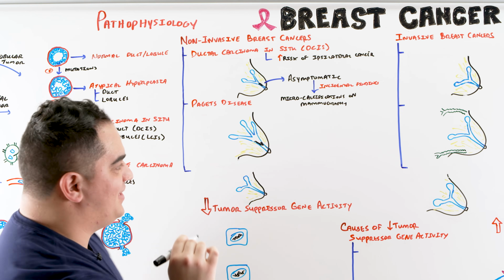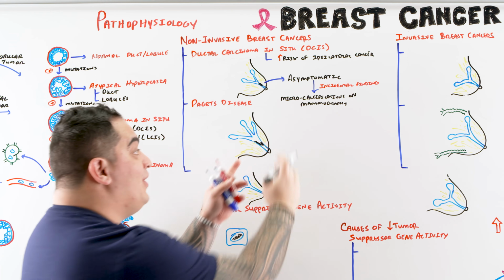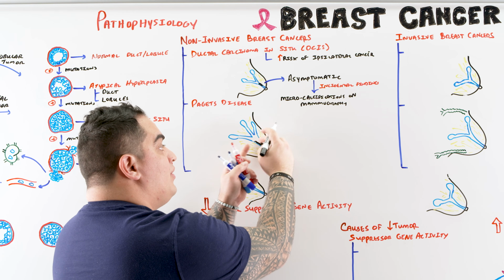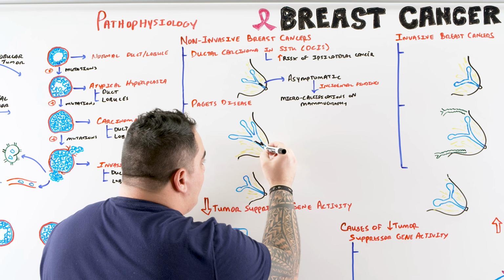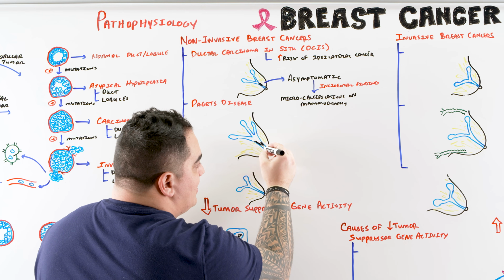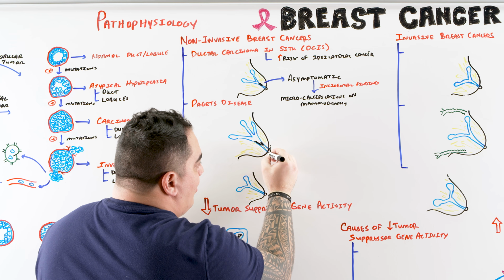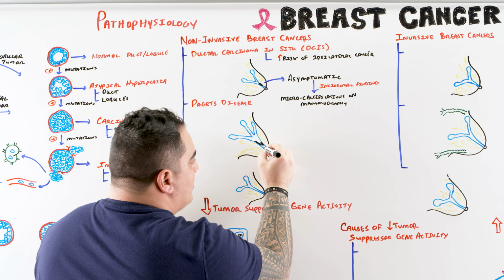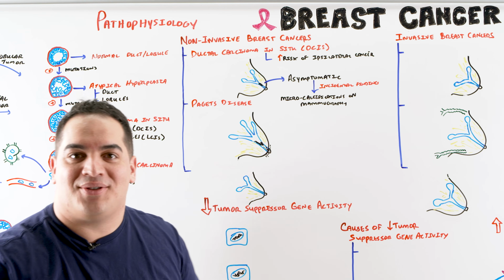But then the cancer cells start migrating. They don't invade past the basement membrane into the surrounding fat tissue. Look at this. They move along the lactiferous ducts and sinuses, and they move out onto the breast. So now you see how these cells are migrating.